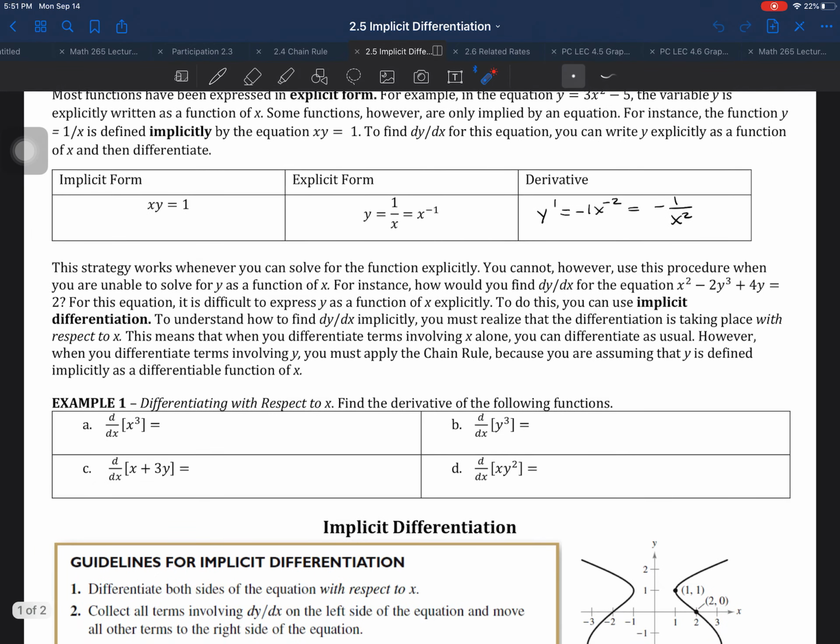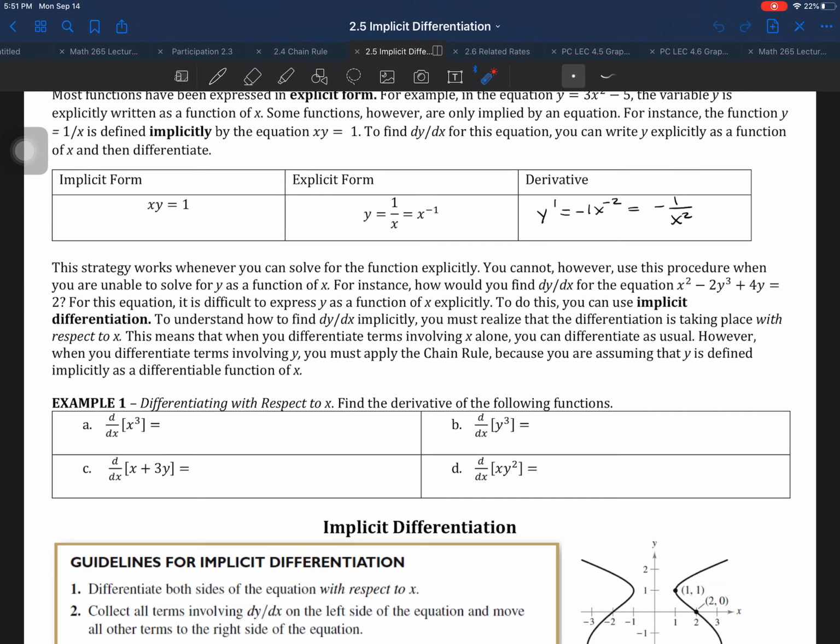All right, very good. So now, there's a benefit and there's a disadvantage of using implicit differentiation. You will see we're going to do a few problems where we differentiate implicitly. Now we have to open our minds to a different approach, but other than that, it's very similar to what we've done before.